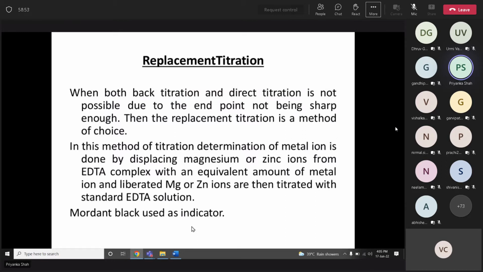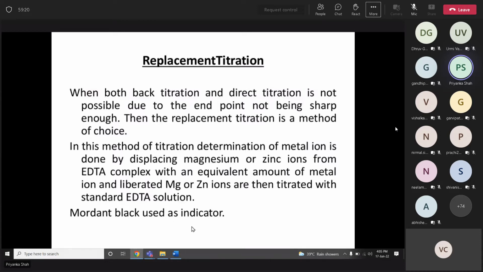Next is replacement titration. What is the requirement for this replacement titration? Of course there are certain limitations associated with back titration and direct titration. With both titrations it is not possible due to the endpoint not being sharp enough, right? So then the replacement titration is the method of choice.